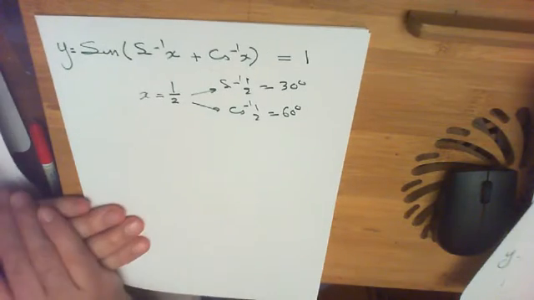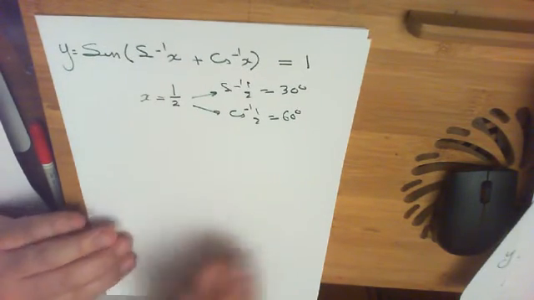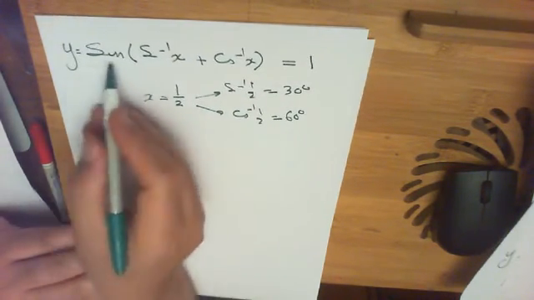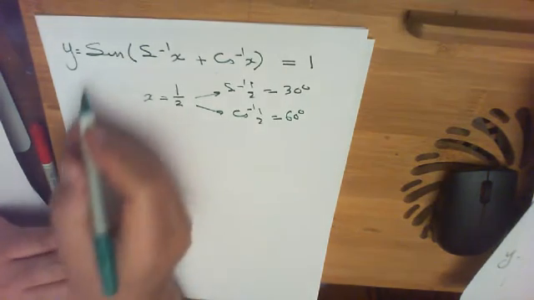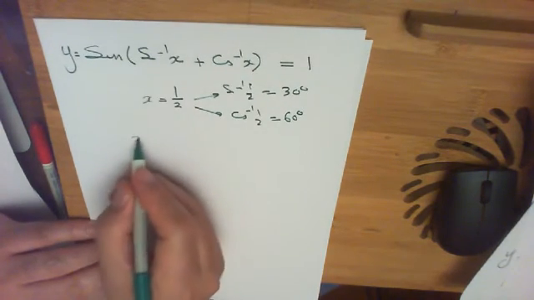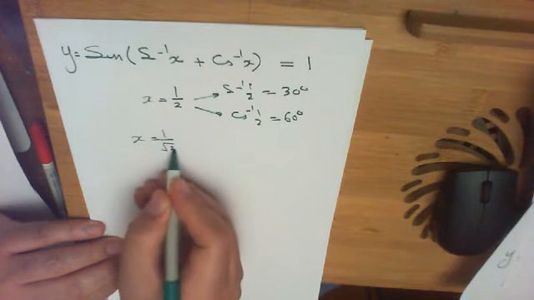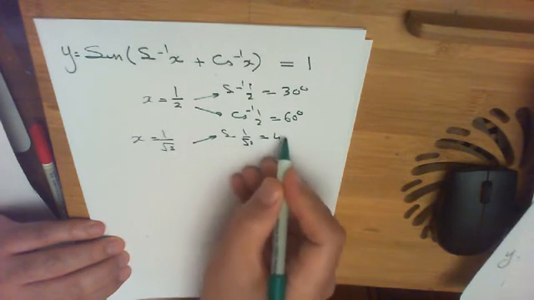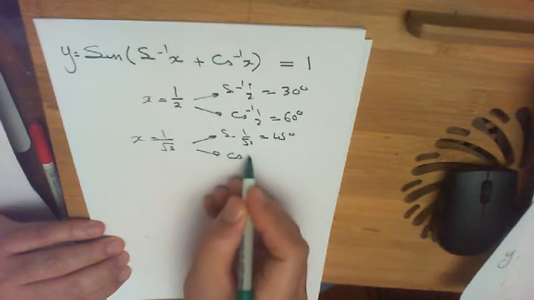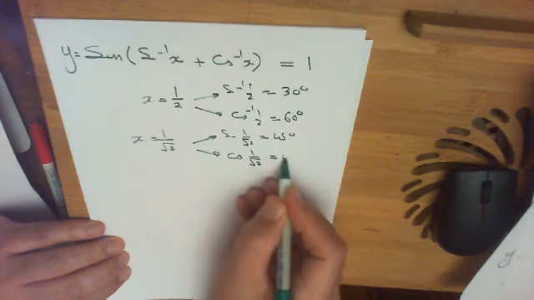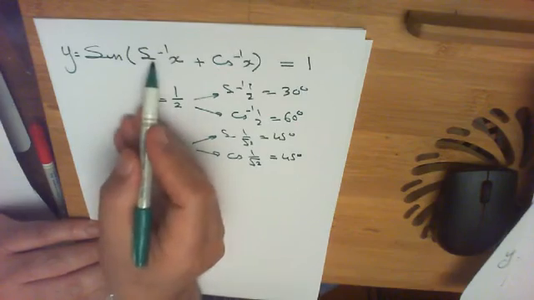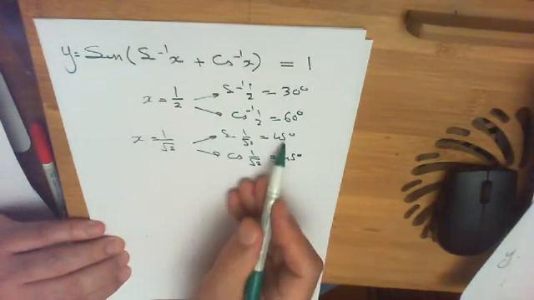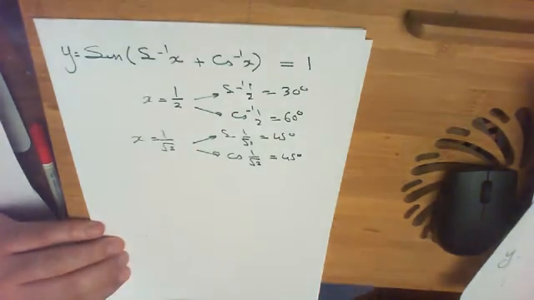Sine 90 is 1. Again, let x equal 1 over root 2. Sine minus 1 of 1 over root 2 is 45, and cosine minus 1 of 1 over root 2 is 45. 45 plus 45 is 90. Sine 90 is 1. No problem.